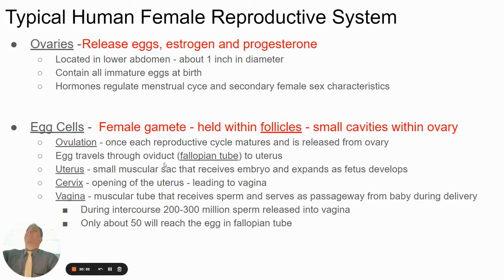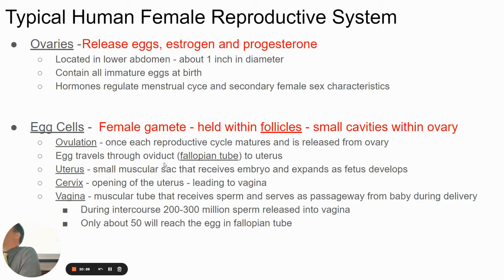Those egg cells, after they're released, move through the fallopian tube into the uterus. And then that's where we'll talk more about what happens if that egg cell does get fertilized. But the uterus is basically a muscular organ that can expand, obviously, when a woman is pregnant.